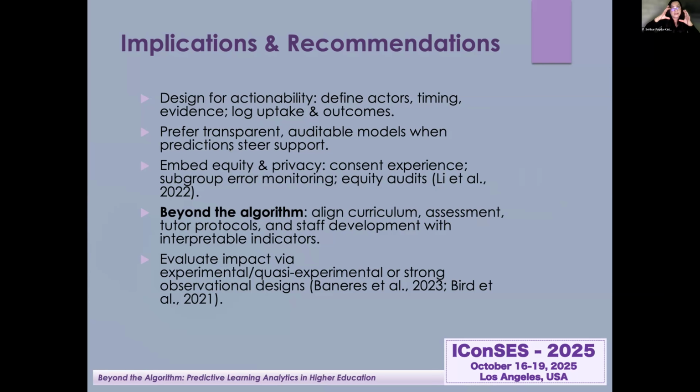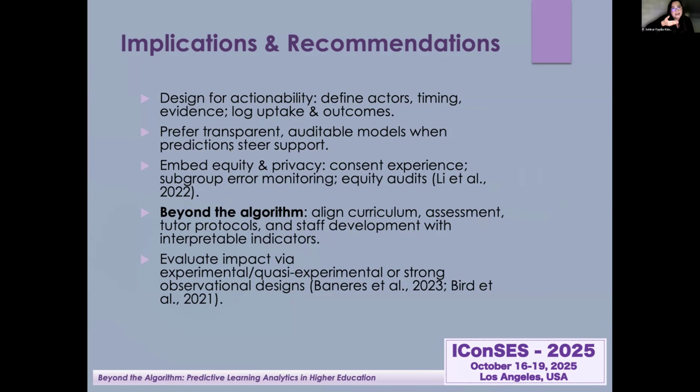So there is another issue we need to deal with in terms of pedagogy and practicality. Equity and privacy also need to be embedded into these systems because students should feel trust in their institutional practices. We need more than the algorithm.